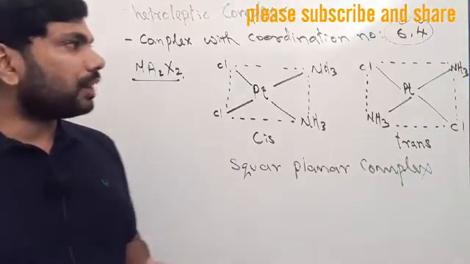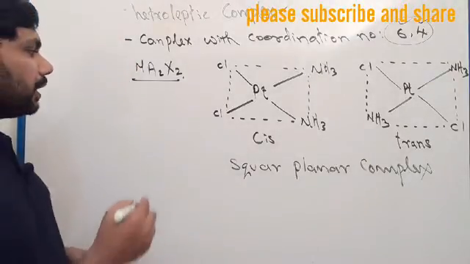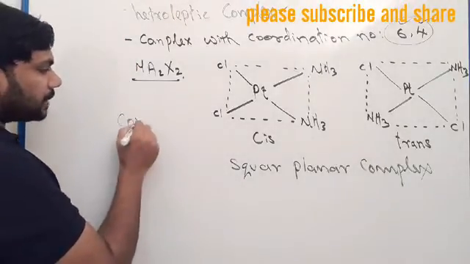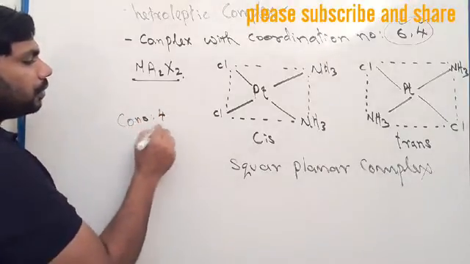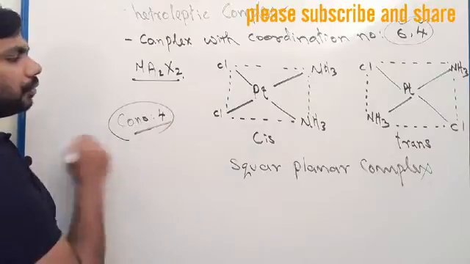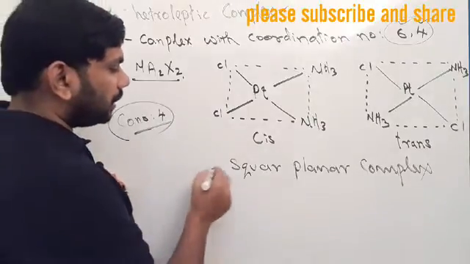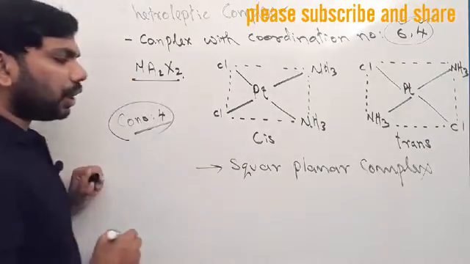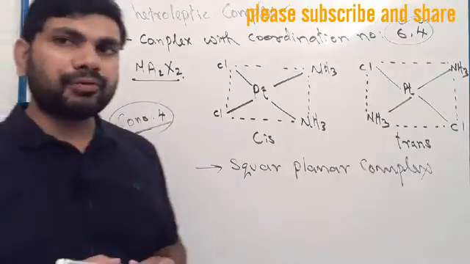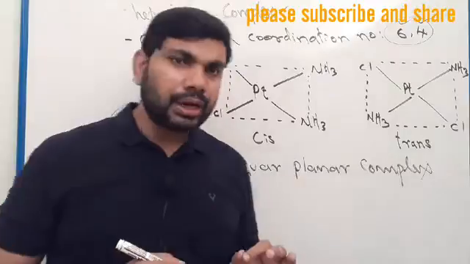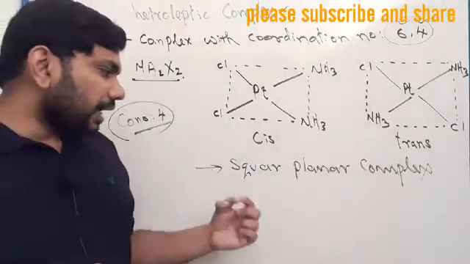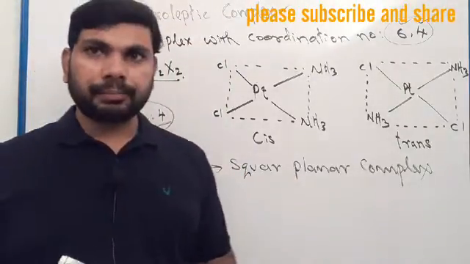Here we have to discuss different types of geometrical isomerism. First, complexes with coordination number 4. For coordination number 4, there are tetrahedral and square planar complexes.